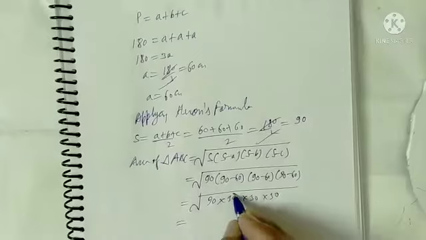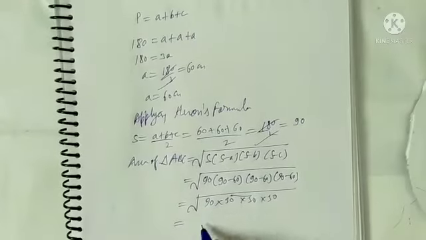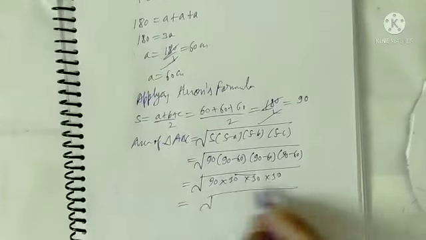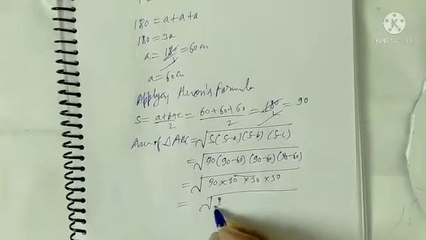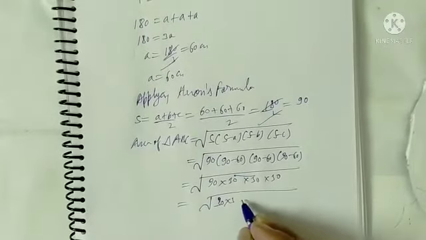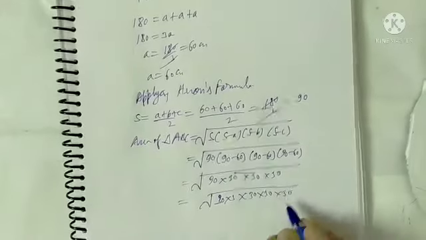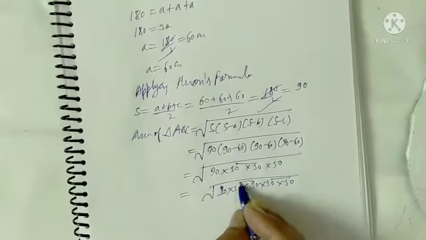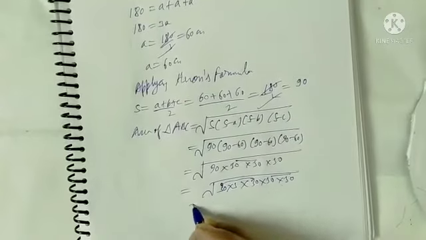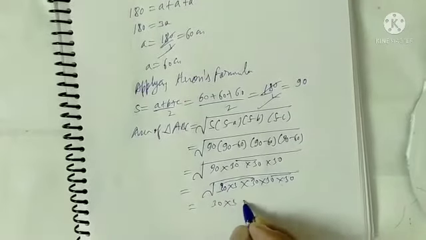Now students, what you can see, we can make pairs. One pair of 30, a second pair of 30. 90 means 30 into 3, and this is already 30 into 30 into 30. So you will take out 30 into 30 outside.